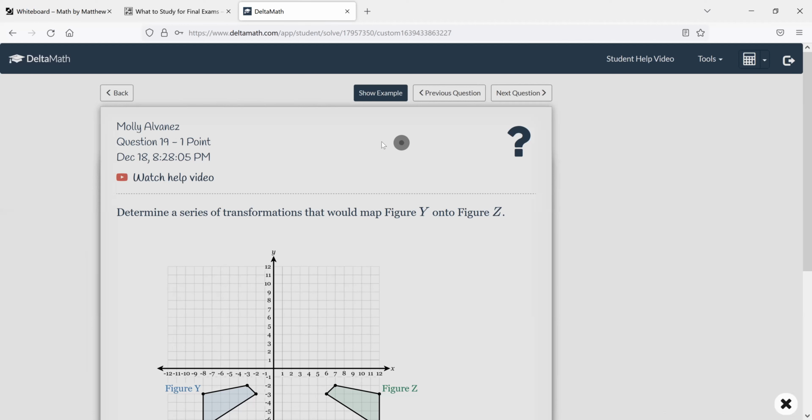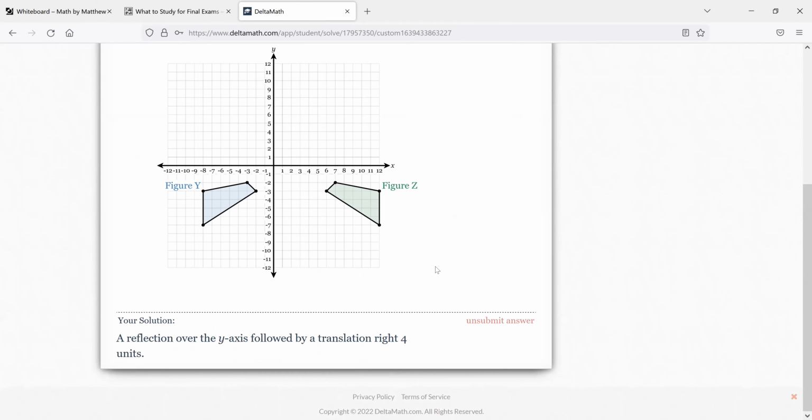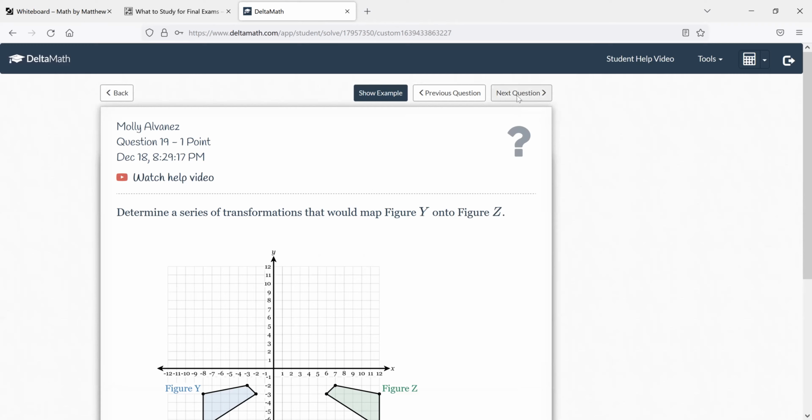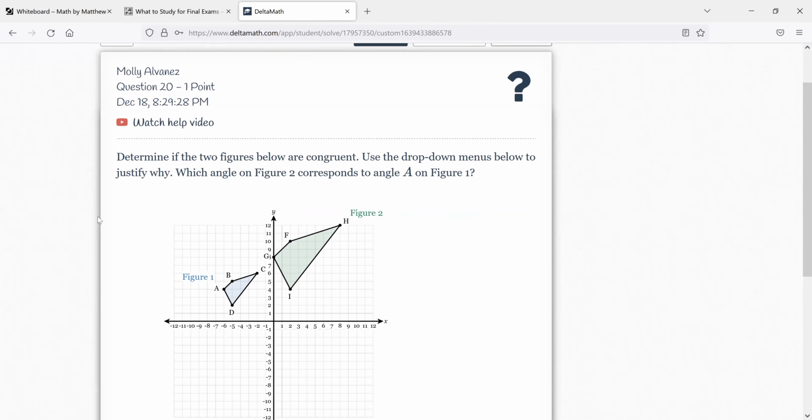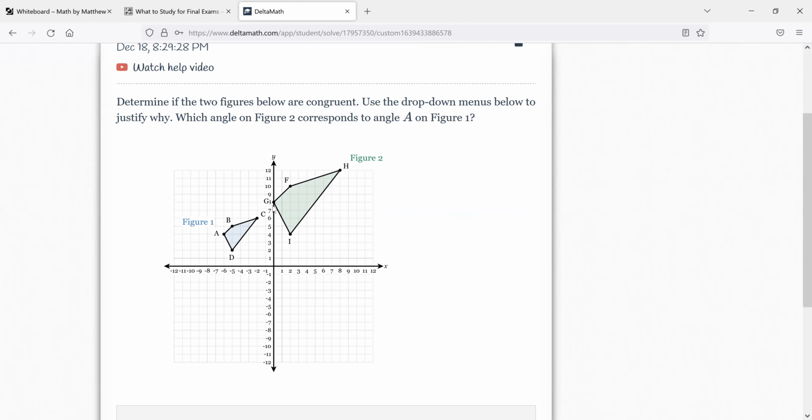And it's loading. Come on. Next question. Which angle on figure 2 corresponds to an angle on figure 1?